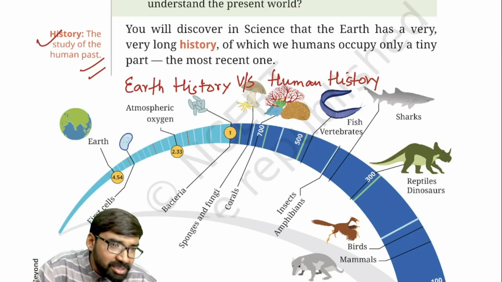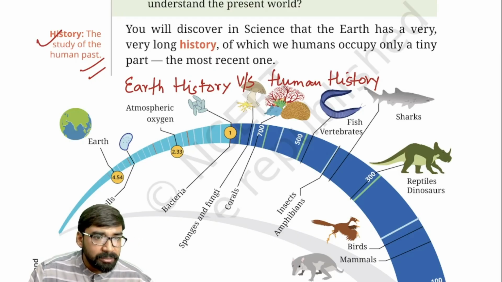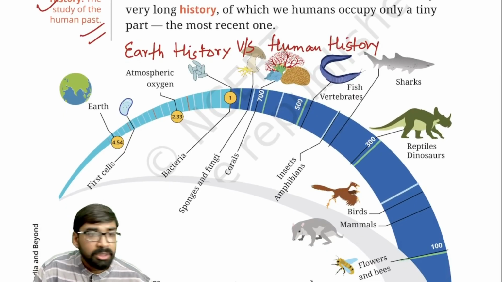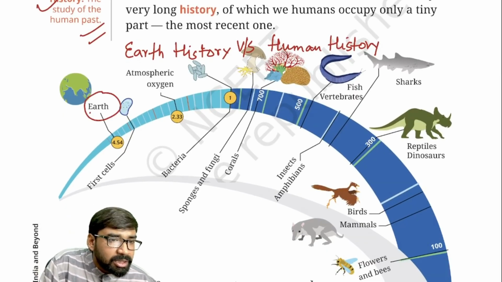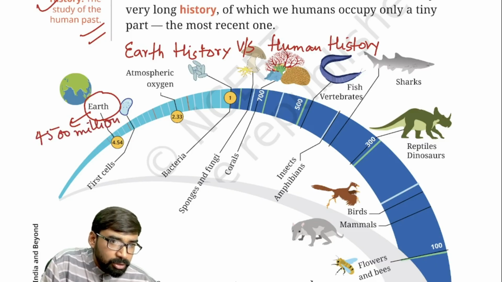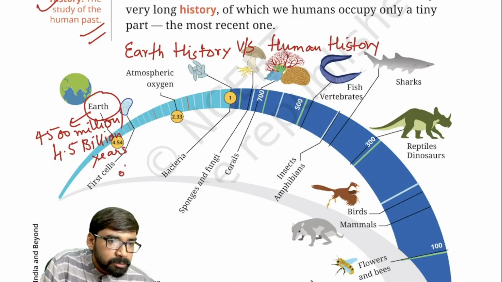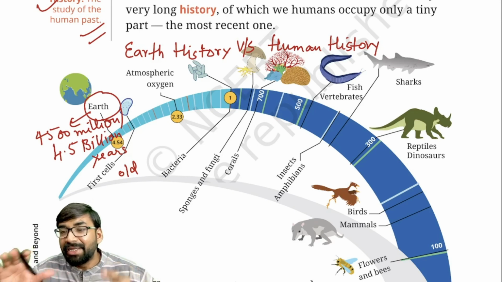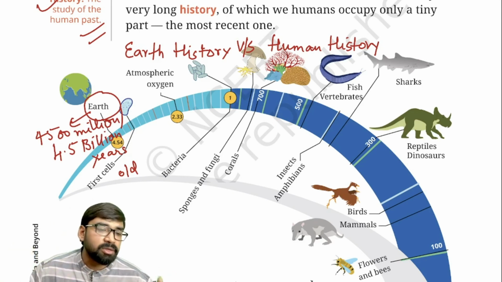ठीक है. What is the age of earth? As you can see, earth is around 4500 million, or you can also call it 4.5 billion years old. बहुत अच्छी बात है. Around 4.5 billion years ago earth was formed.